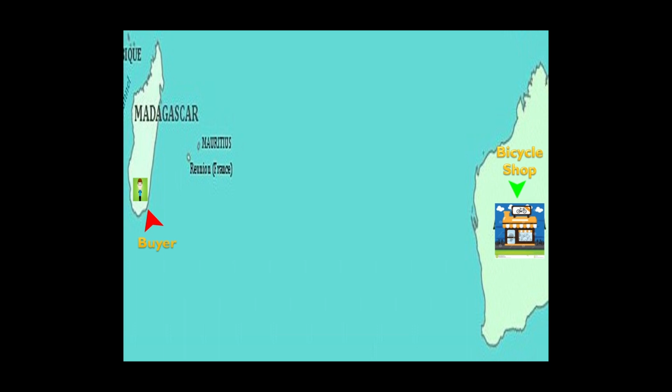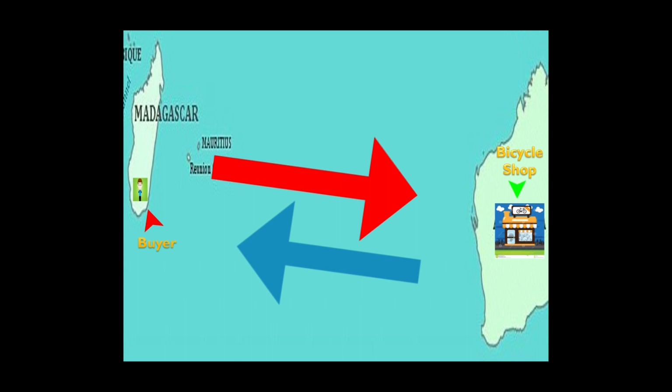Great, so this is an example of external trade. There is trade taking place between Madagascar and Australia, which means that there is trade between two countries. So this is external trade.